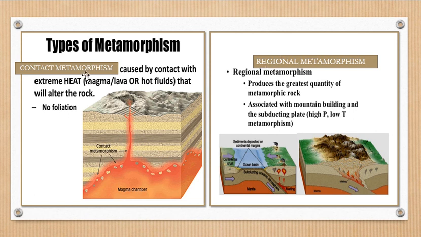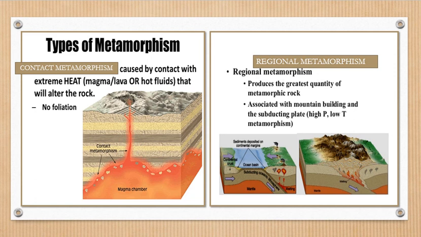So again, contact metamorphism is when existing rocks are in contact or exposed to extreme heat. Regional is when they are exposed to extreme pressure or stress, which alters the rocks and forms metamorphic types of rocks.